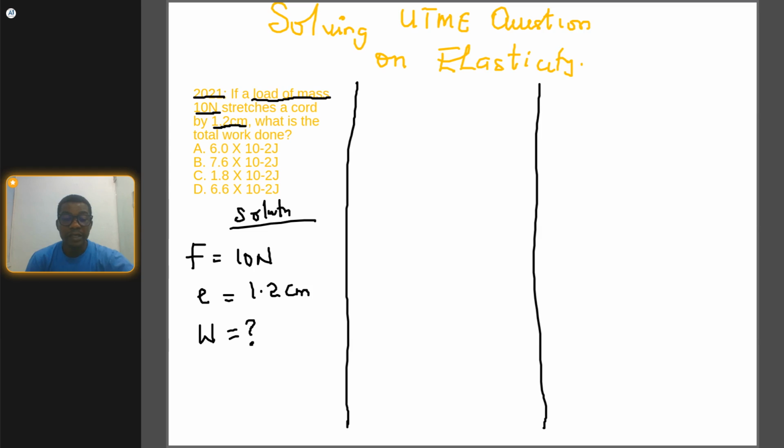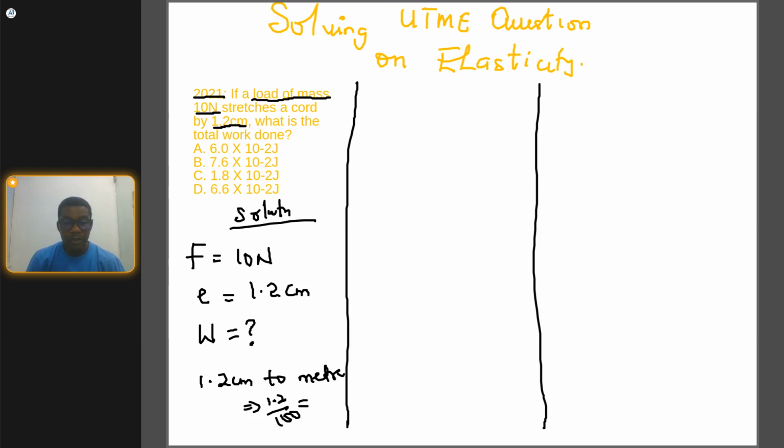So how will I convert 1.2 centimeter to meter? We're going to have it as 1.2 divided by 100. The reason why we divide by 100 is because 100 centimeter make 1 meter.